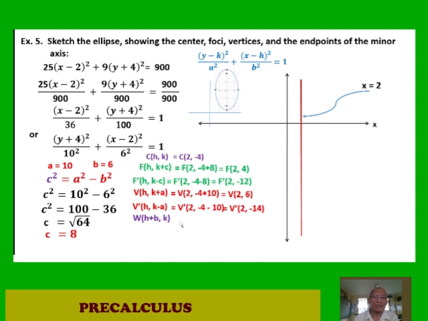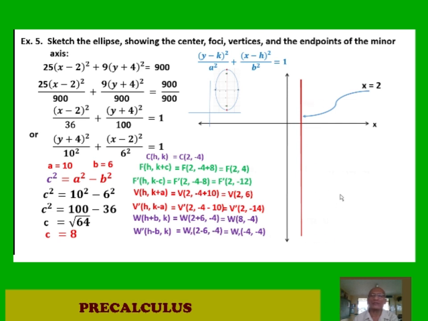Then the endpoints of the minor axis, it's 2 plus b, 6, k is negative 4, so it is (8, negative 4). And the other covertex, it's minus b, so 2 minus 6, and k negative 4, so it is (negative 4, negative 4).